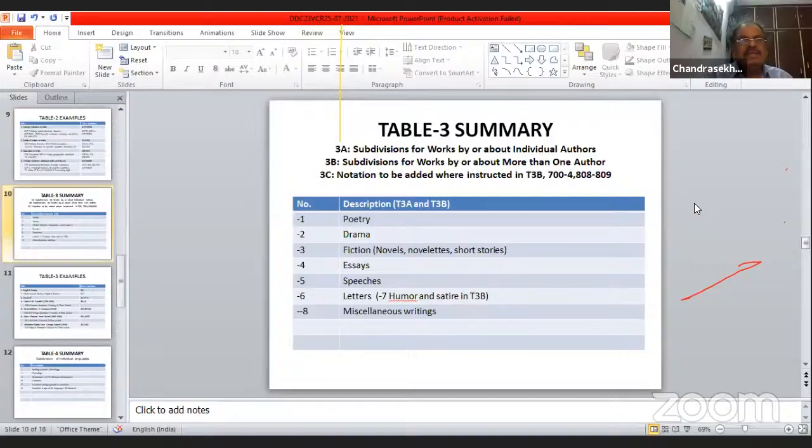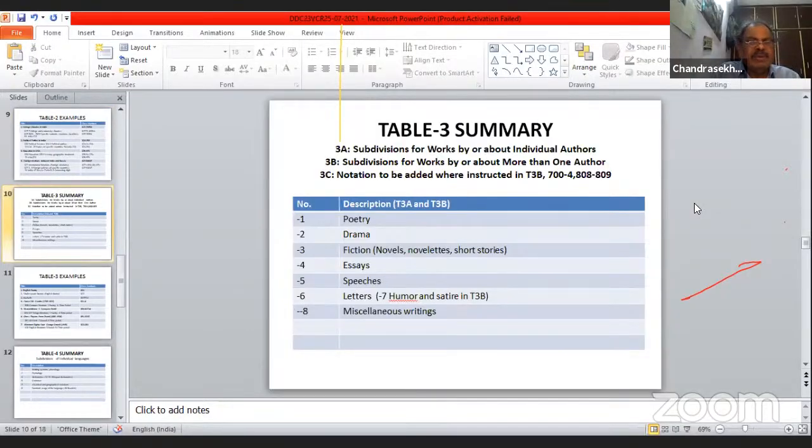Okay, that is table 2, geographical areas. Table 3 has again 3 subdivisions, 3A, 3B, 3C. Don't worry about that one. So simply we discuss the table 1 and the tables 3A and 3B. Commonly they have the same divisions in the table 3A and 3B.